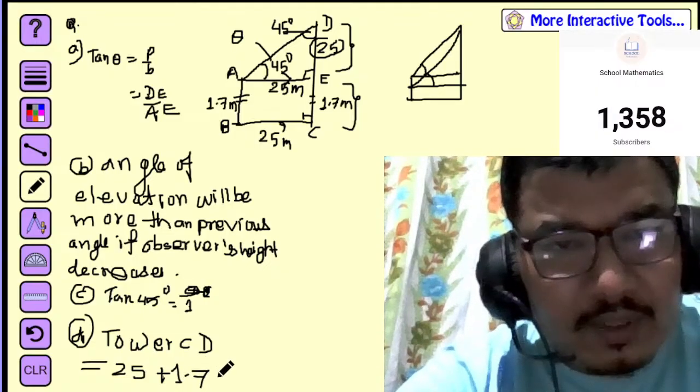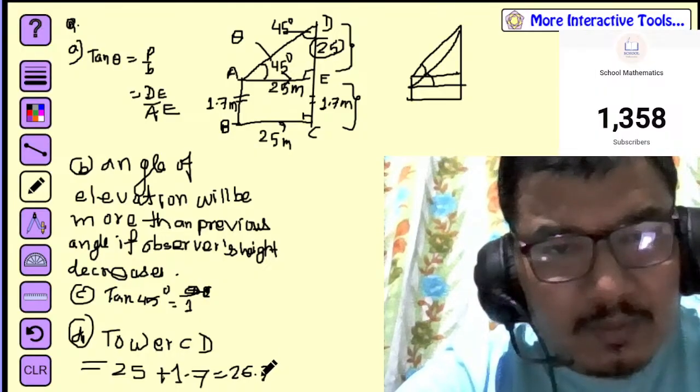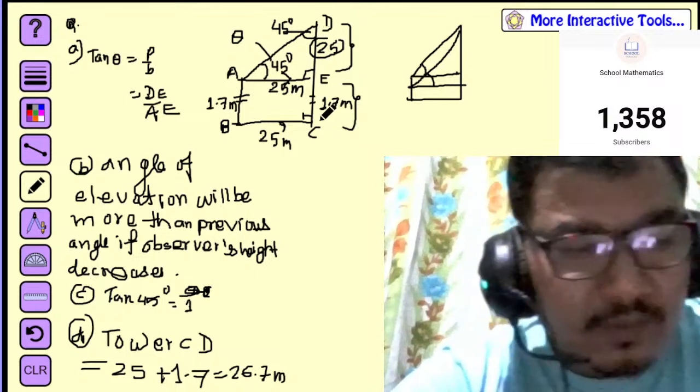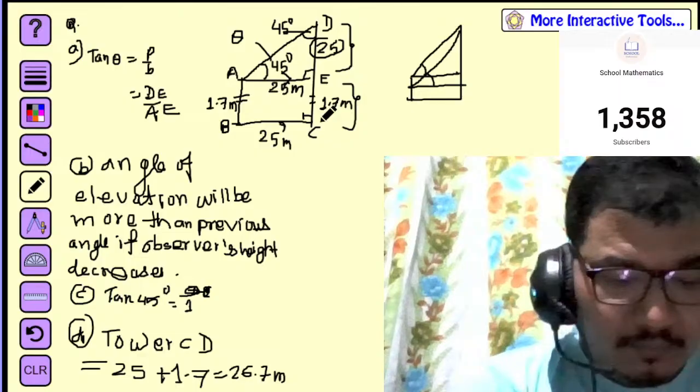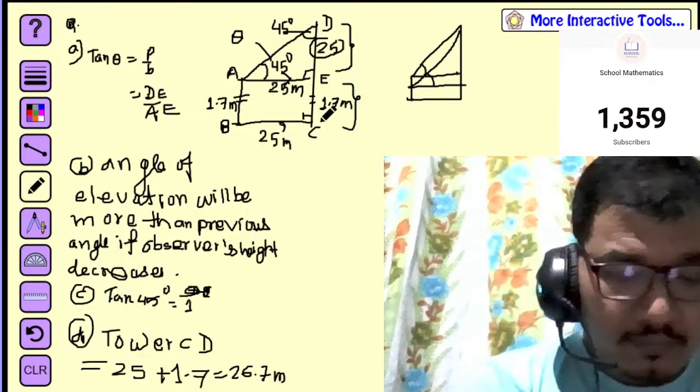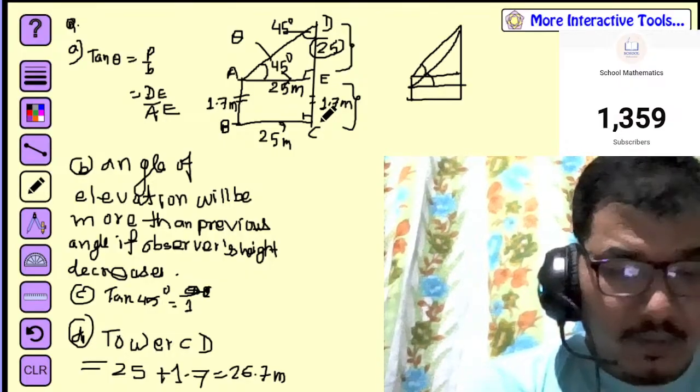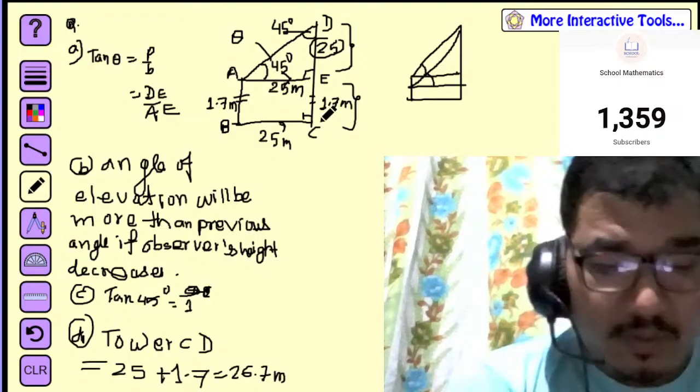When you add them you will get 26.7 meters only. This is the height of the tower, the value of CD. Clear? This is the solution.